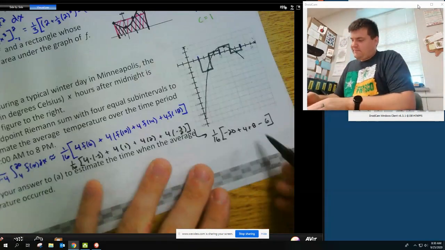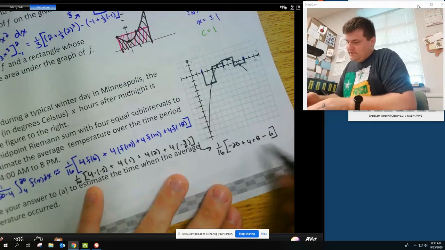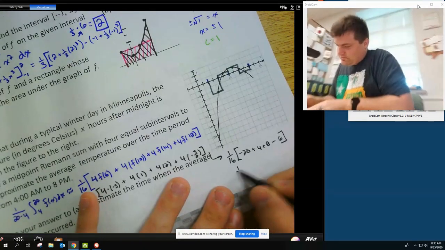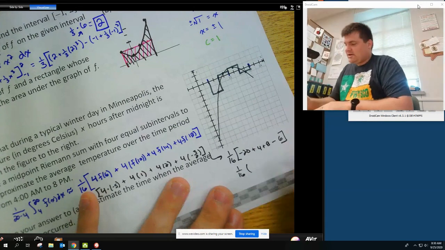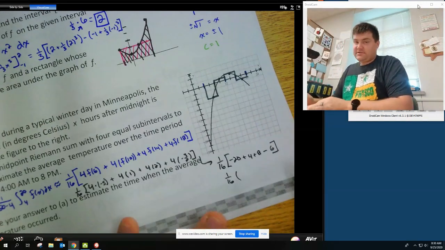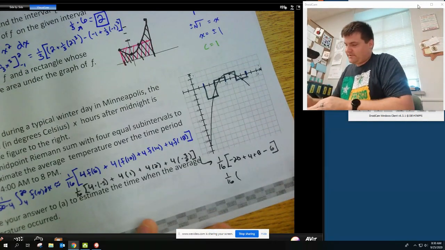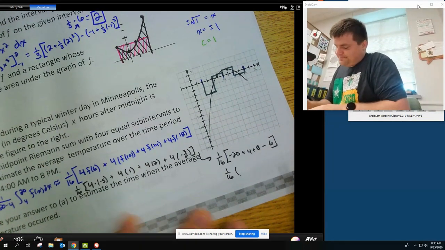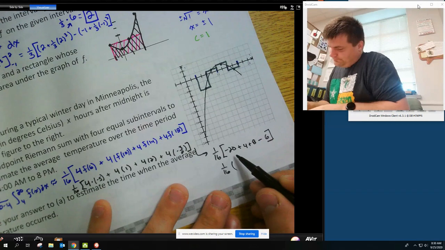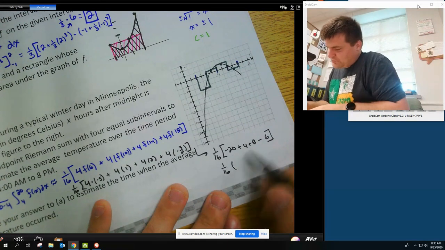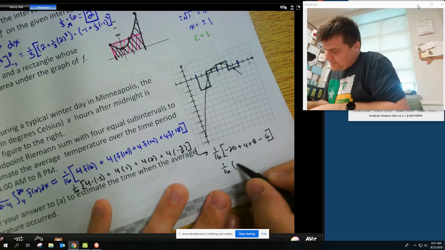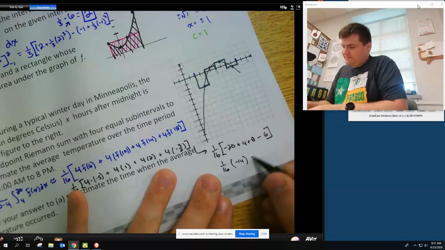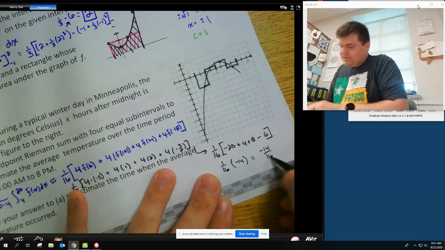All right, so this is going to give me an answer of 1/16 times, isn't it so fun watching me do arithmetic? This is why I don't really care to do the arithmetic in front of all of you. What is this? -16, -8, -14, which is going to give me -14/16, which is a perfectly awesome answer.